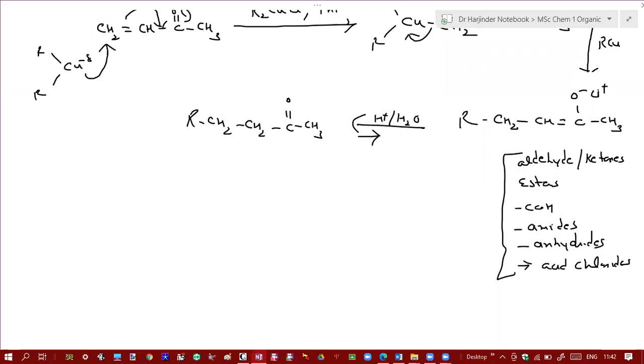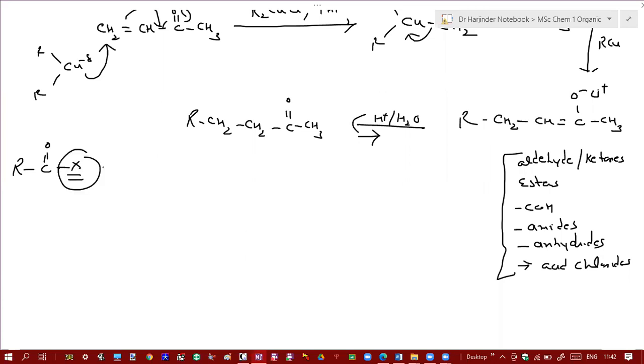Okay, so out of these compounds containing a carbonyl group, which one is most reactive towards nucleophilic addition? Basically, you have this structure. Here the X group is different.